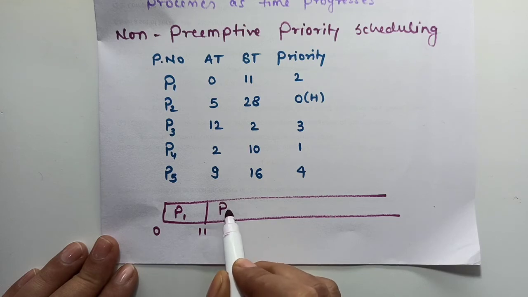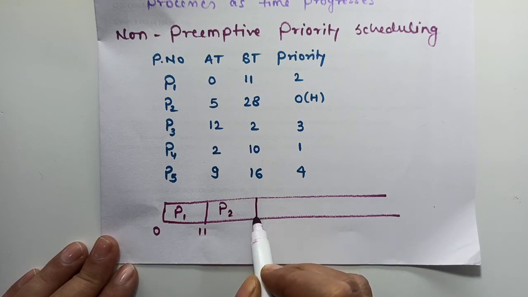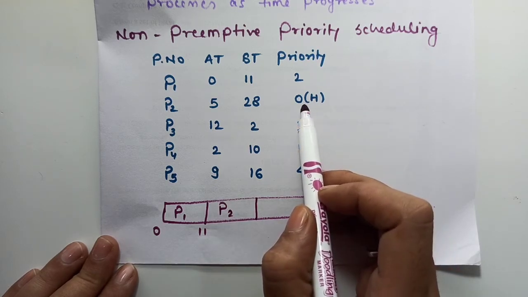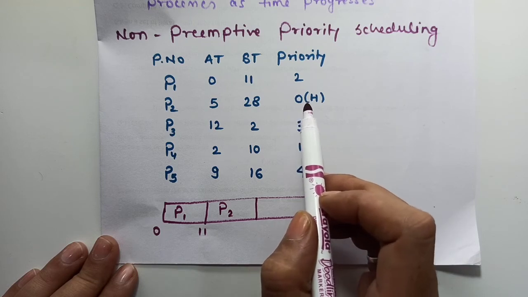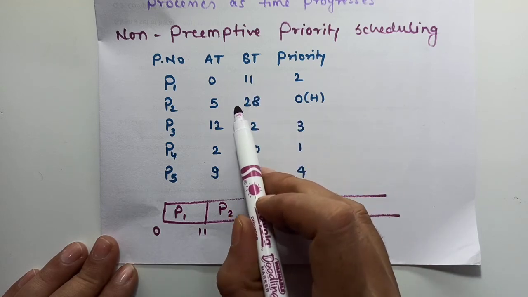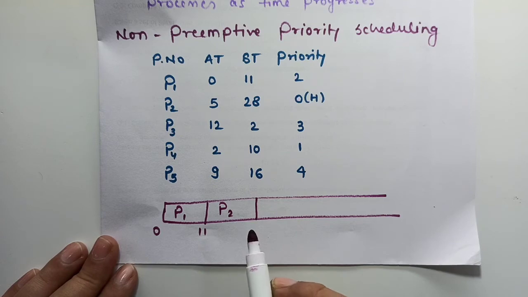So we will allocate the CPU to process P2 because it has the highest priority among the processes available in the ready queue. And how much time will it take? The total 28 burst units it requires, so it runs till 39.